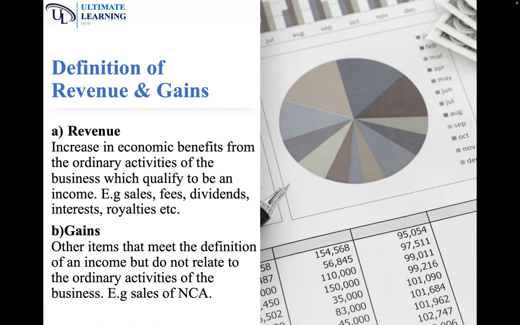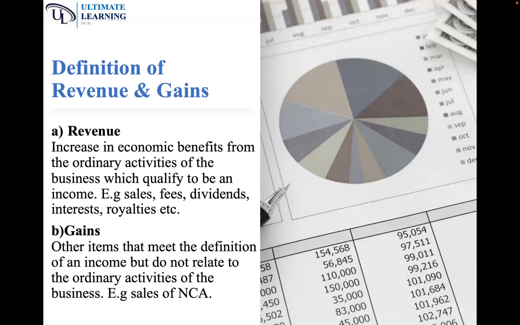If your business is to offer services, the income you generate from offering the service is revenue. On the other hand, gains are the other incomes that are generated from non-ordinary activities.